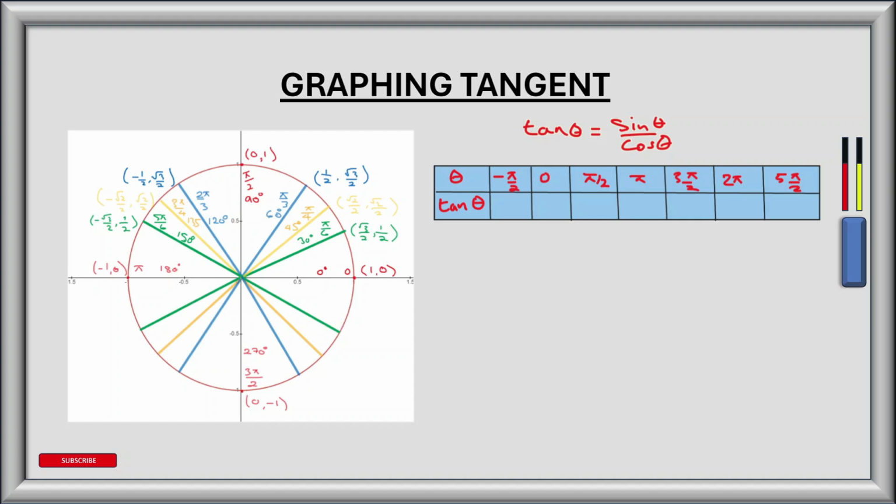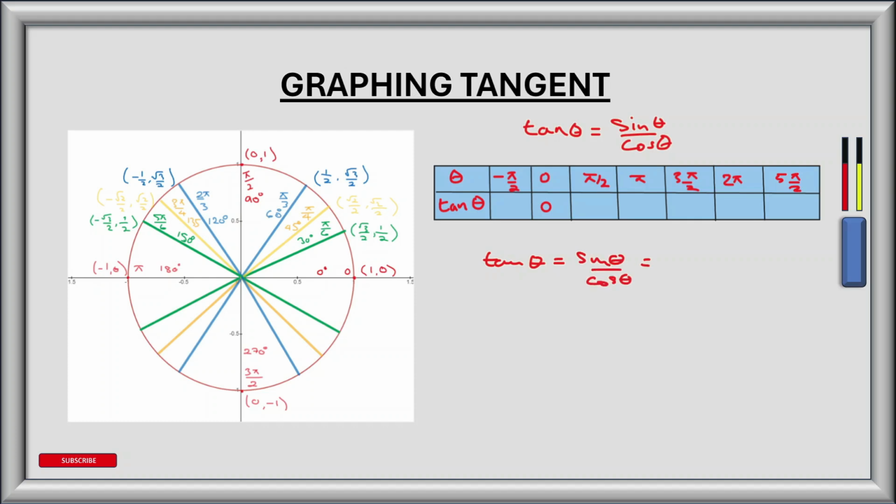So let's start at 0 on the unit circle, which is here. As we can see, sine of theta is 0 and the cos of theta is 1. So the tangent of theta is 0 divided by 1, which is equal to 0. Now let's look at the angle pi on the unit circle, and we get to this point here. Tan theta is equal to sine theta divided by cos theta.